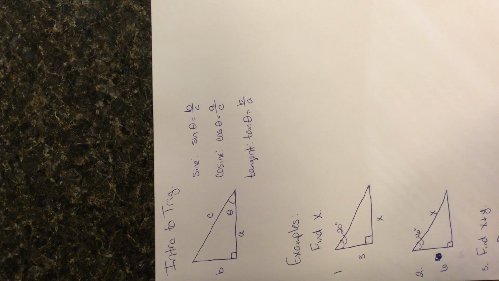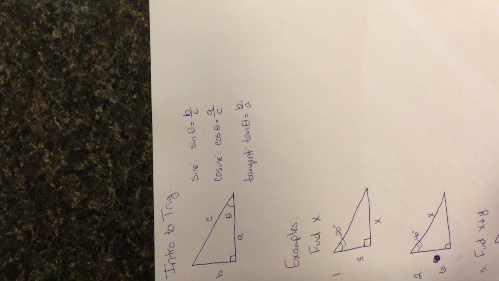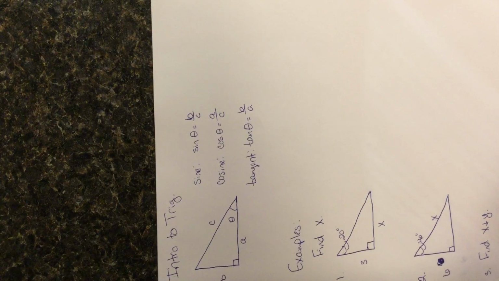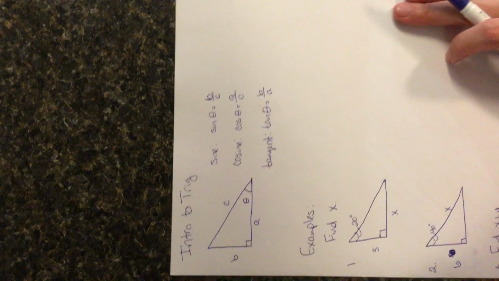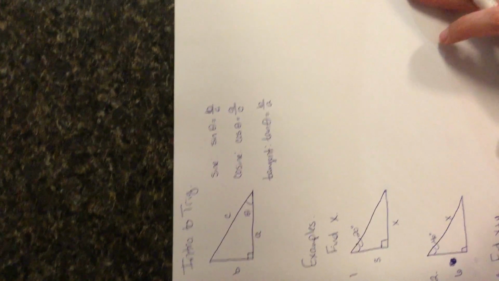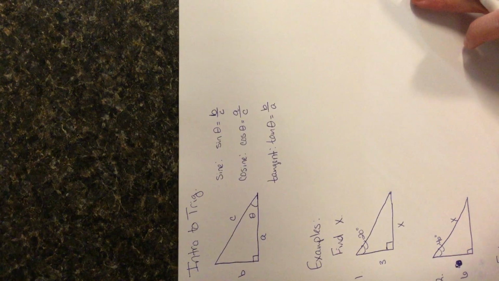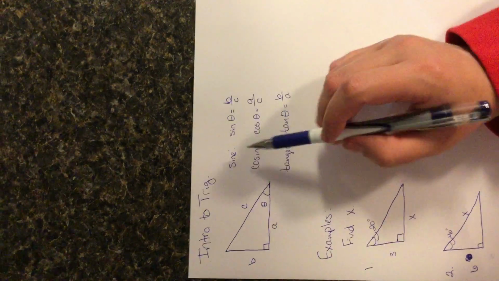For trig, we deal with right triangles, which we just touched on with the Pythagorean theorem. So we have sine, cosine, and tangent. That's what we're going to focus on. We're not going to talk about secant or cosecant or cotangent or anything like that.